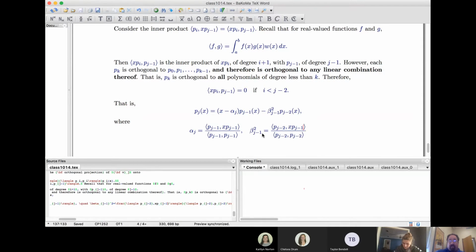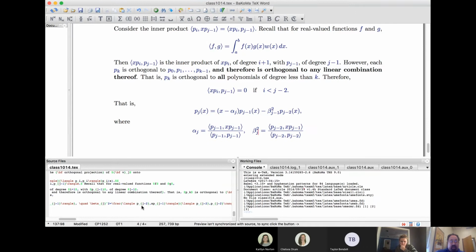Now, notice here, look at my indices. I just have j minus 1 and j minus 2 everywhere. That's a lot of minuses. What I'm going to do is increase all of the indices on both sides of this equation by 1, just to clean up a little bit. So it's beta j, and then I increase all of these.